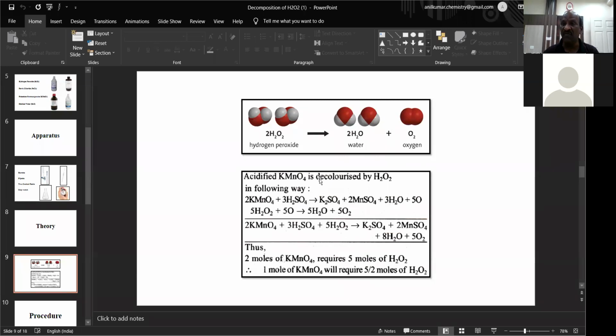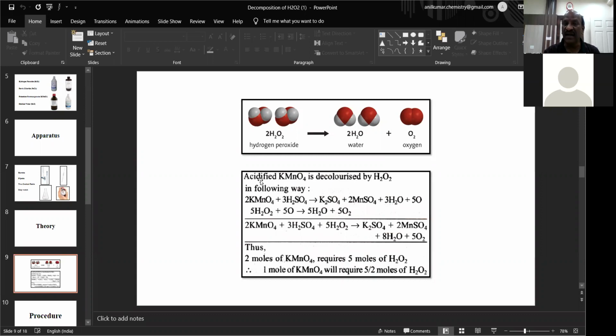And here, if you want to know the mechanism, what is happening in the reaction, that we can also write. We acidify the KMnO4, which is decolorized by the hydrogen peroxide, in the following way. First this is KMnO4, and we add H2SO4, the acid.